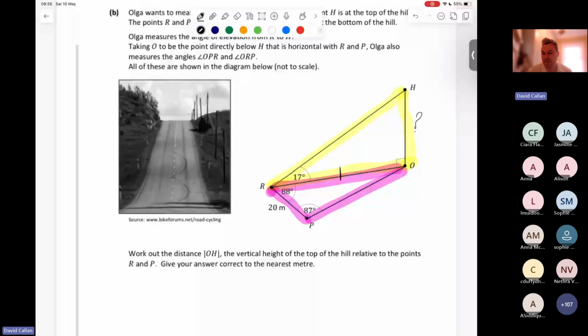If that makes sense. And so, Michelle, to answer your question, they will almost always give you a diagram. And if they don't, alarm bells, suspicion, because last year in 2024 they did not give a diagram for one of the trig questions. They gave two sides and an angle, and you could do a rough sketch yourself, which I always encourage you to do. If there's no diagram, make one.